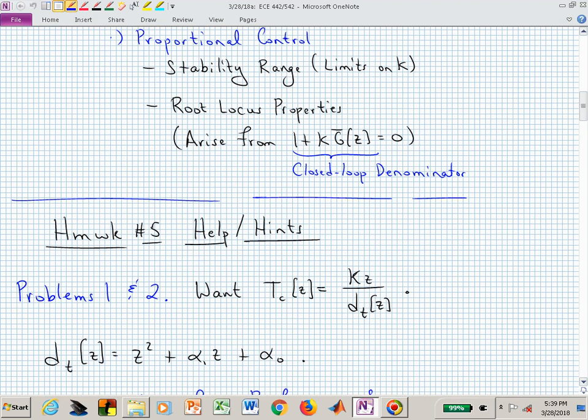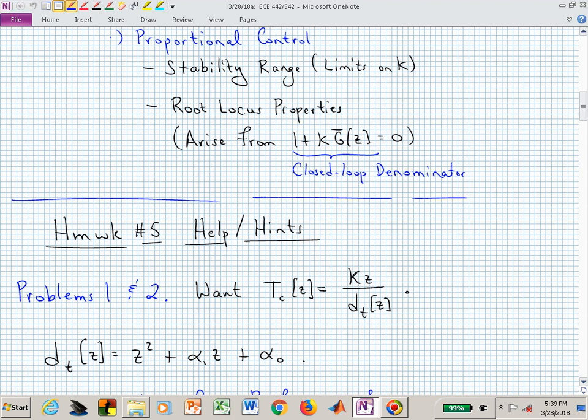Homework hints or help. In problems 1 and 2, and if you're following along at home, you might want to pull up homework number 5 so that you understand what I'm talking about. It may be a little bit odd at first, but when you go through homework number 5, it will start to make more sense.